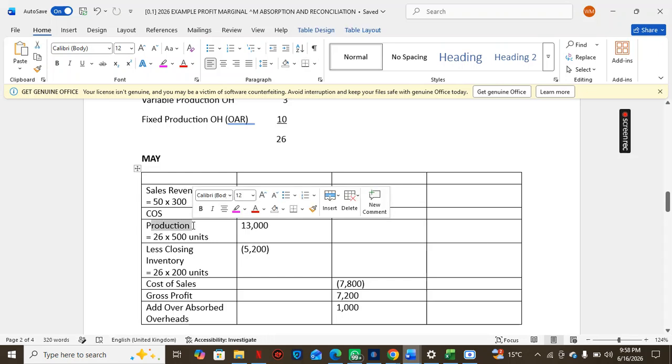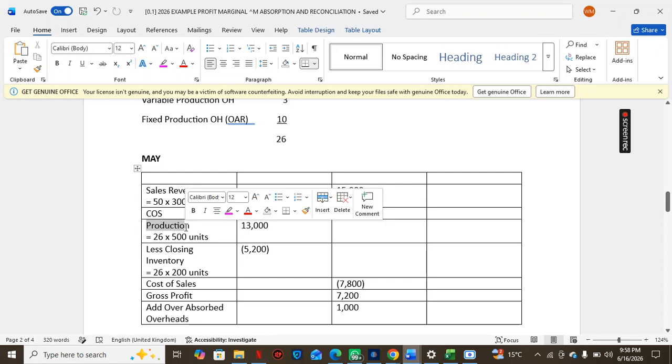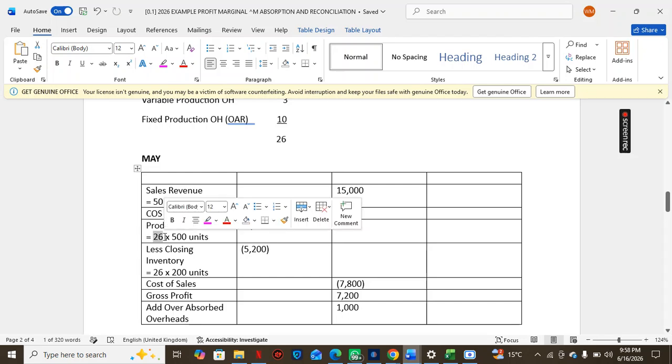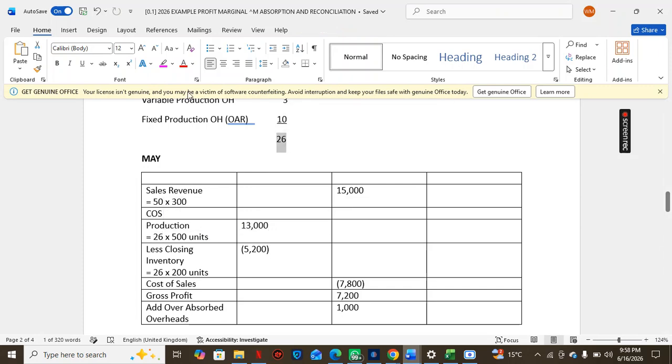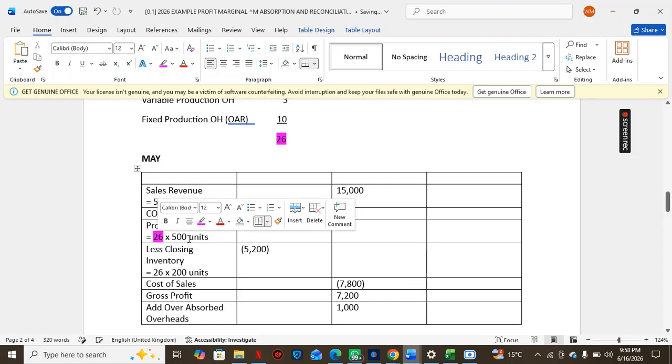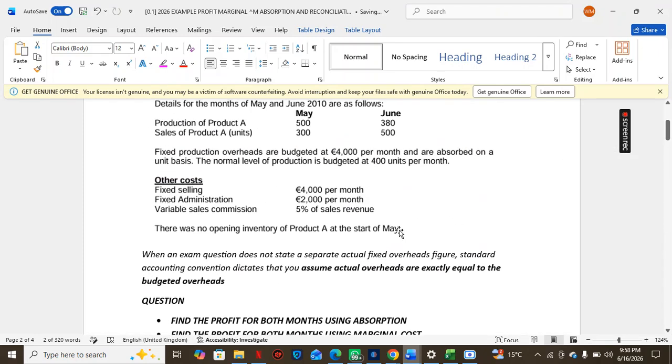Our production cost, 26 euros, our full cost per unit. This 26 here is this 26 here. This 500 units is coming from here, 500 units produced.